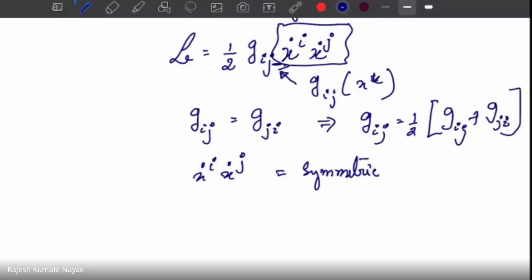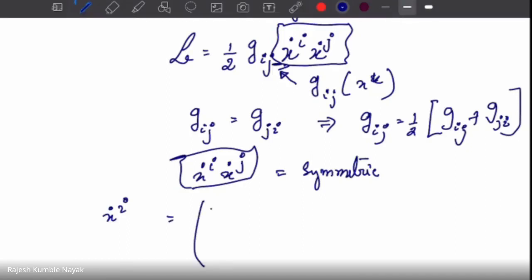Sir, could you explain what ẋ^i and ẋ^j being symmetric means? No, let us look at what is ẋ^i. ẋ^i is the generalized velocity, right? So velocity, you can write it as a vector.